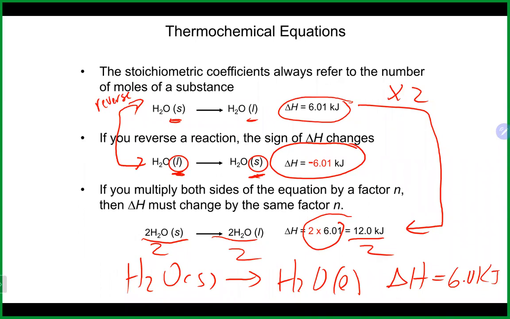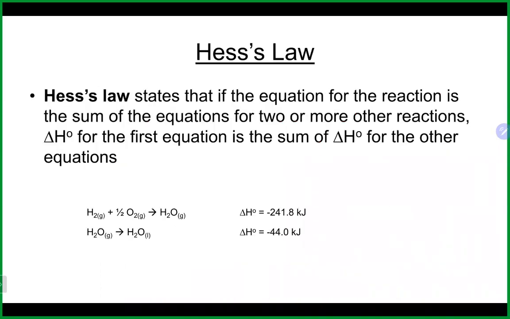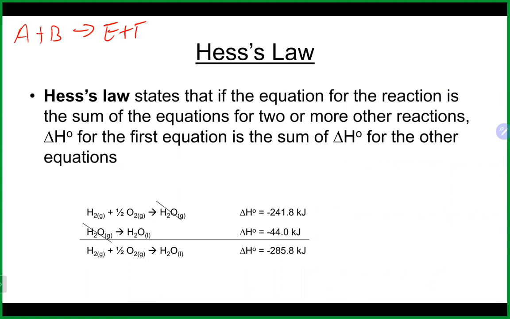So really what this is for is, as I mentioned, what is referred to as Hess's law. And again, the idea behind Hess's law is this. If you're looking at an overall reaction of A plus B goes to E plus F, it may not just happen in one step. So what might happen is a series of reactions.